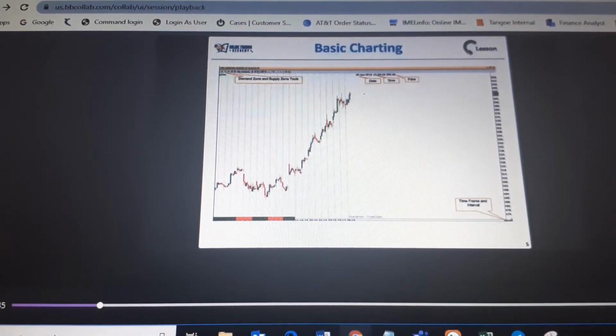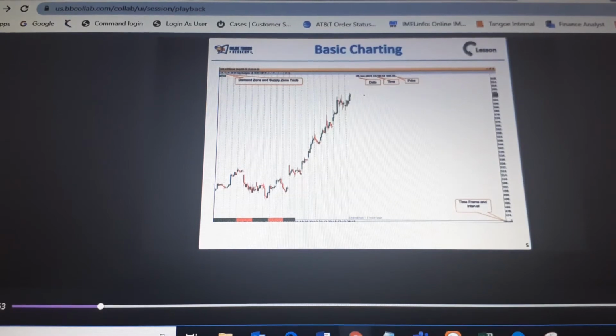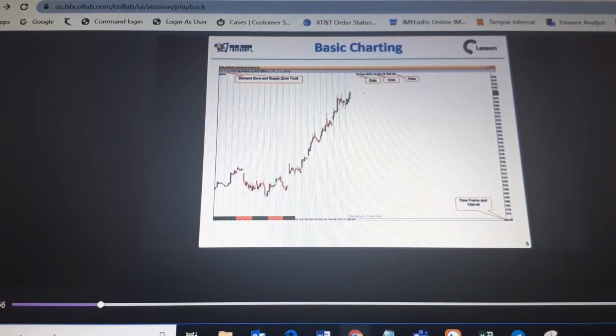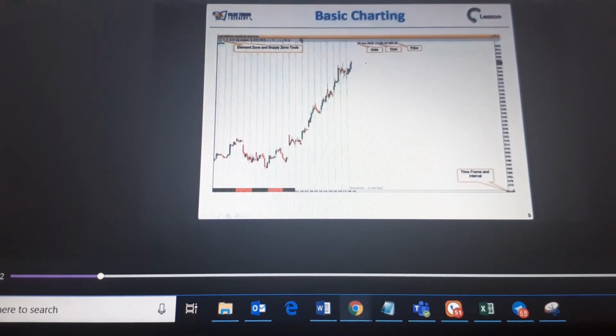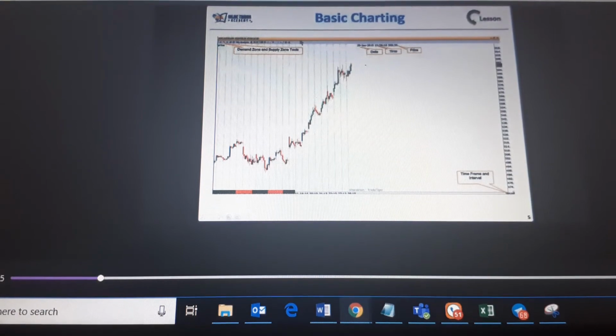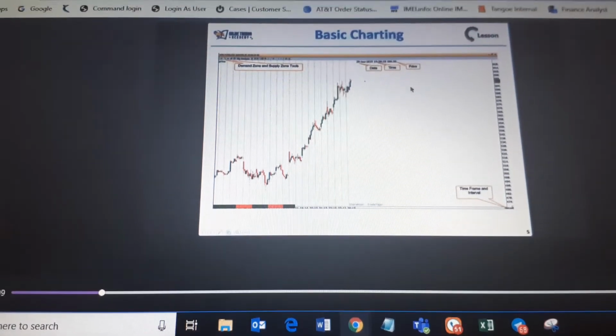You might be having a button on the top left corner where you are viewing the screen. There is a zoom button, so you can zoom through that, but I cannot zoom this right now. Yeah, so please zoom that.